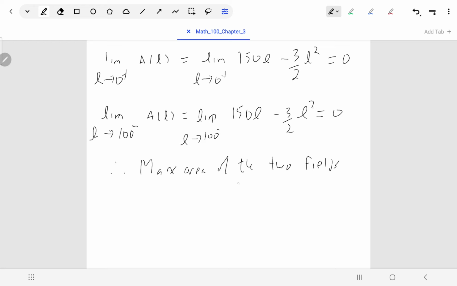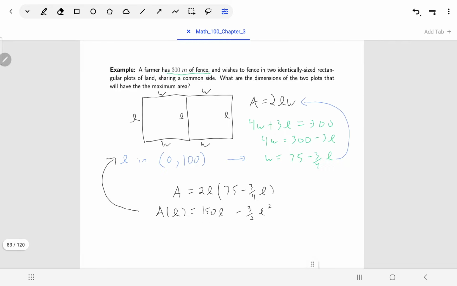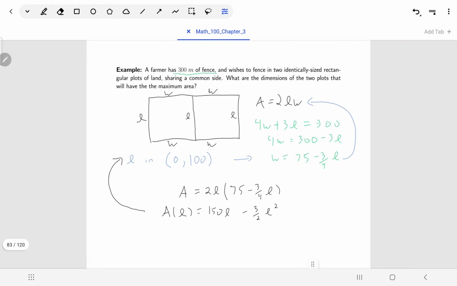So the absolute maximum area of the two fields is 3,750 meters squared. And we wanted to know what the dimensions were. The dimensions of each field: length is 50, and then the width is, and to find that, of course, we need to go back to our original constraint where we related width and length.